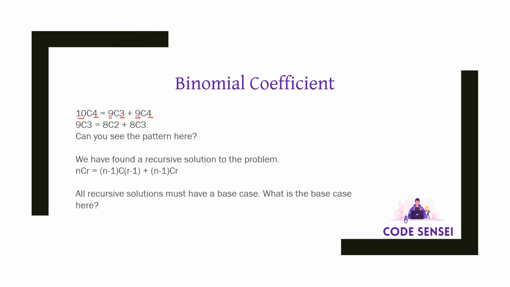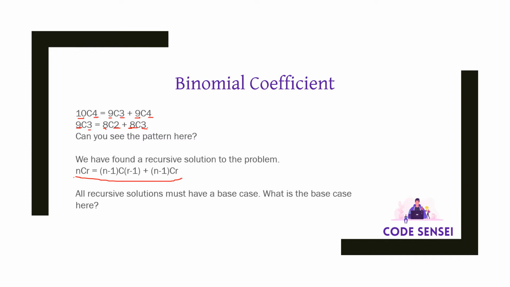Similarly, here n is 9, n minus 1 is 8, and r is 3, r minus 1 is 2, and r is 3. So we have found the recursive solution to the problem, that is nCr equals n minus 1 C r minus 1 plus n minus 1 C r. This is the recursive solution that we have got.